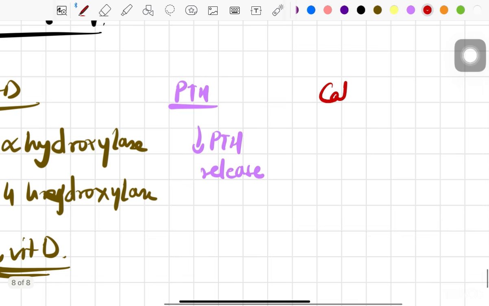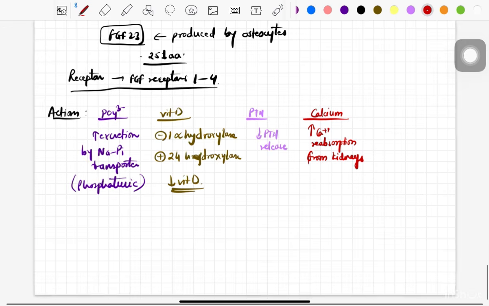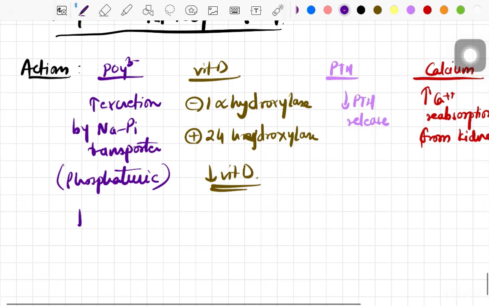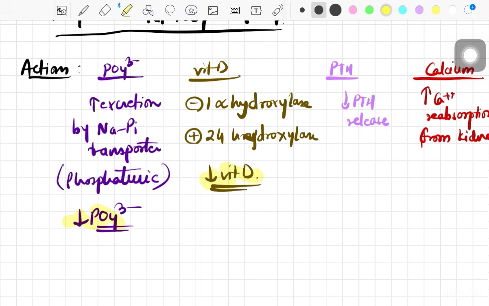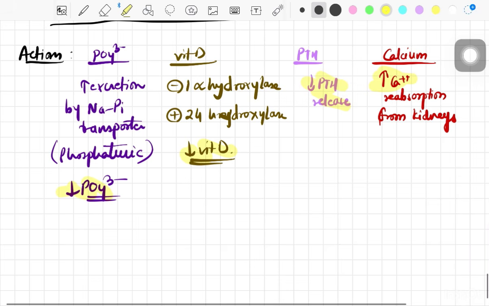And lastly, on calcium, FGF23 increases calcium reabsorption from the kidneys. So in a nutshell, it decreases phosphorus, it decreases vitamin D, it decreases PTH release, and it increases calcium. These are the actions of FGF23.